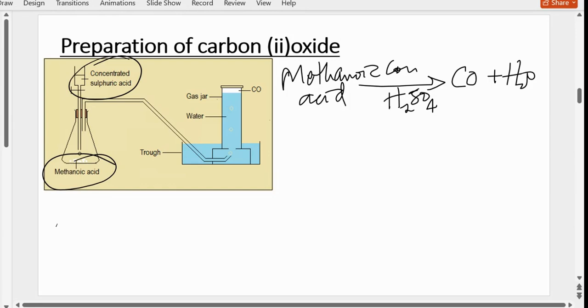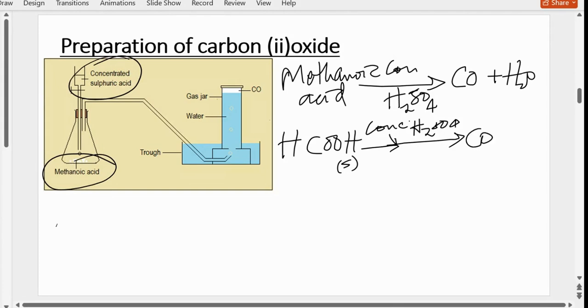So in other words, this is how we write methanoic acid. Remember, it is in liquid form, so here we use concentrated sulfuric acid to get CO plus water. This is gas, this is liquid.